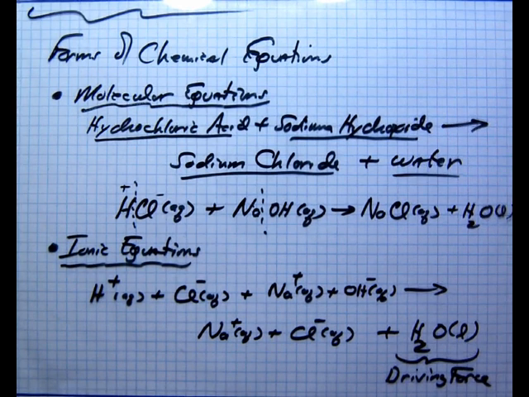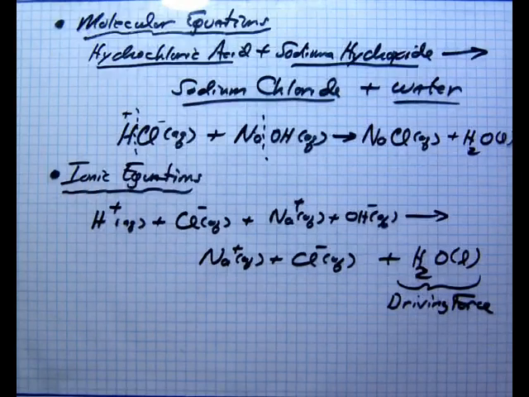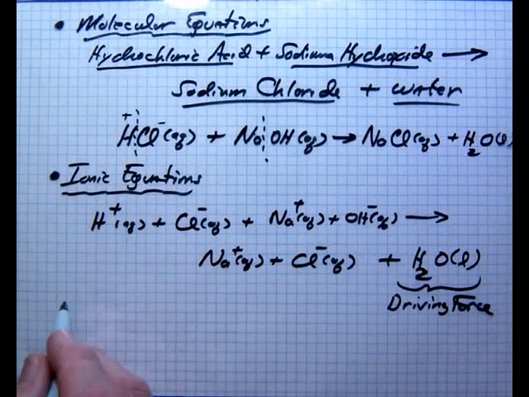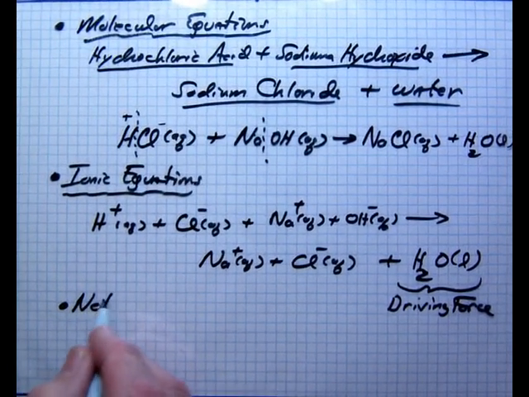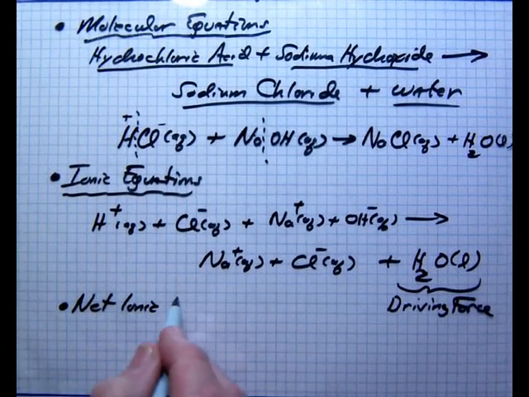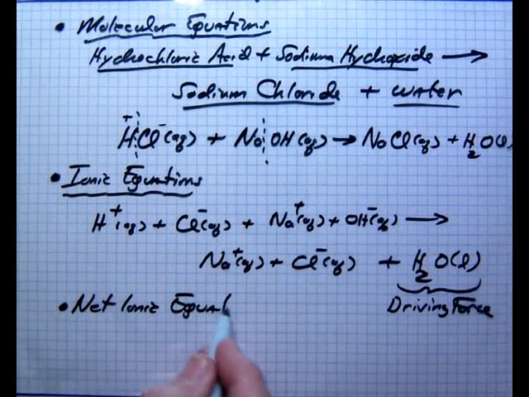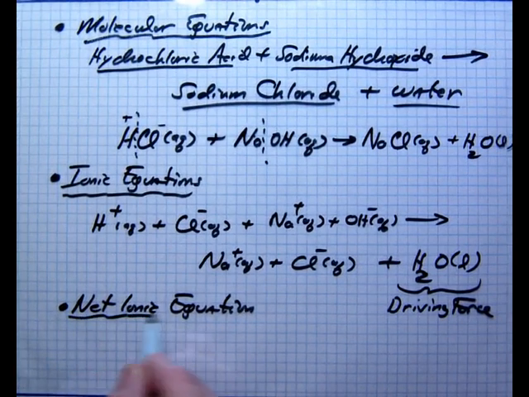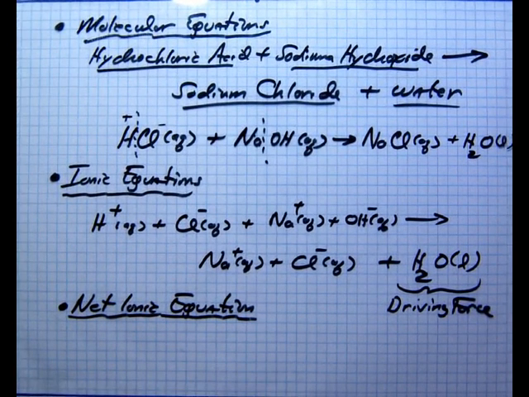Now there's one other form that you need to be aware of, and that is the net ionic equation. The net ionic equation shows only those species in solution or in reaction that actually form the compounds.